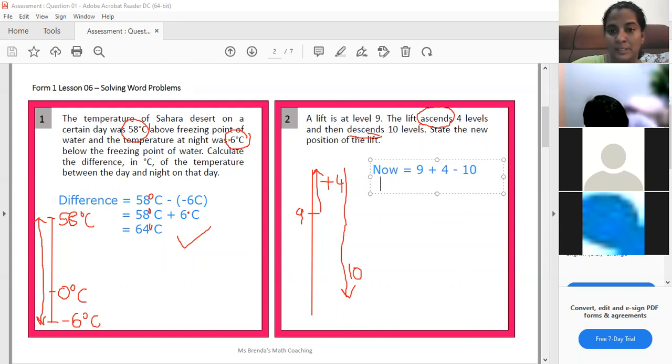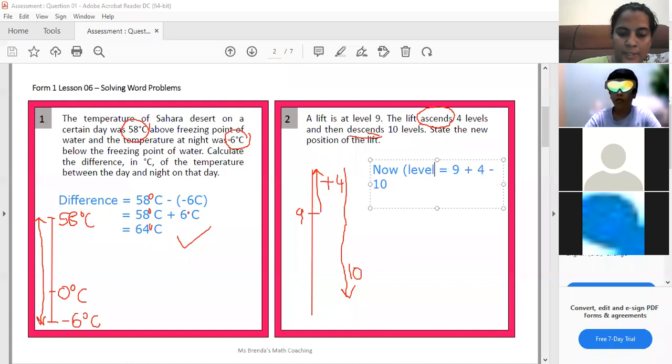So now where is the lift? 9 plus 4, all of you, private message, what is your answer? And that now refers to level.